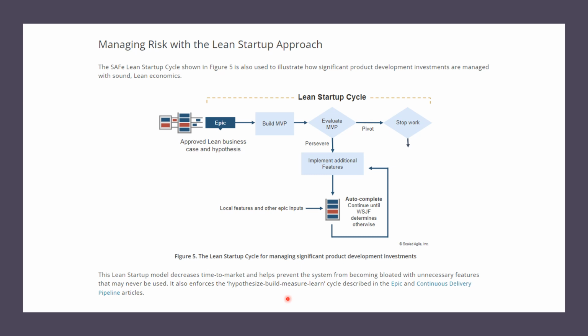It also enforces the hypothesize, build, measure, learn cycle, right? So you can have a number of epics, you can form a hypothesis here, you can build an MVP and evaluate it with a measure, and then learn, right? Either you can stop the work or implement additional features.